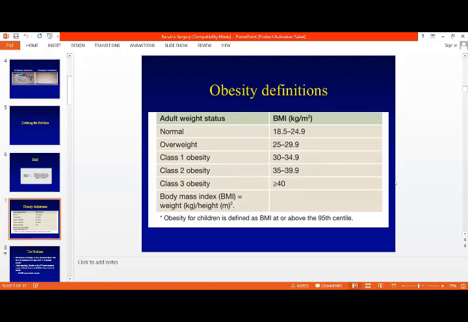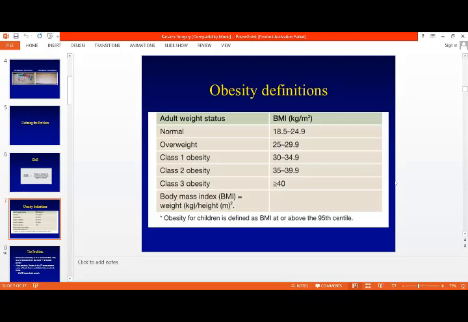The normal BMI should be less than 25 and above 18.5, so between 18.5 and 24.9 is the normal BMI. If BMI is between 25 and 30, it is called overweight. If BMI is 30 to 35, it is class 1 obesity. 35 to 39.9 is class 2 obesity. And more than 40 is class 3 or morbid obesity.